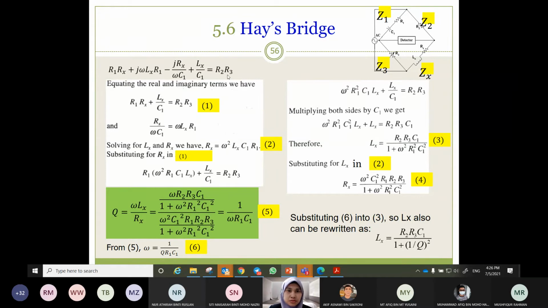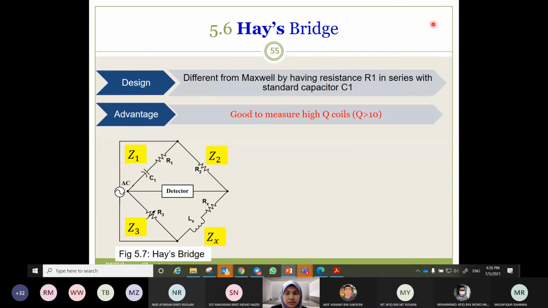Please define properly. I think I should define what is Z here first before we substitute into the balance equation.